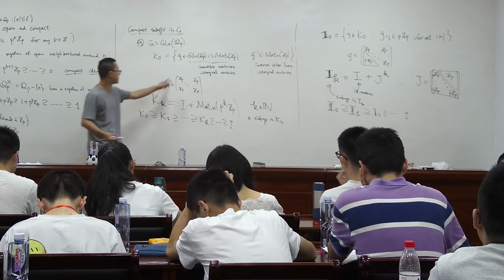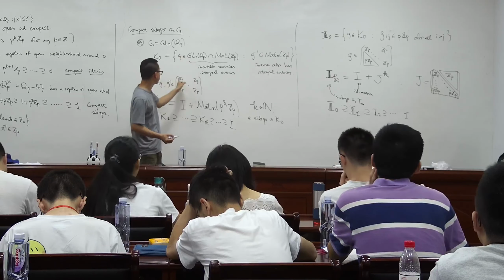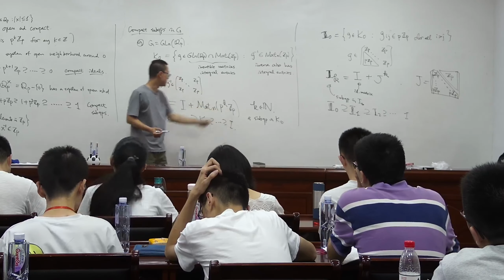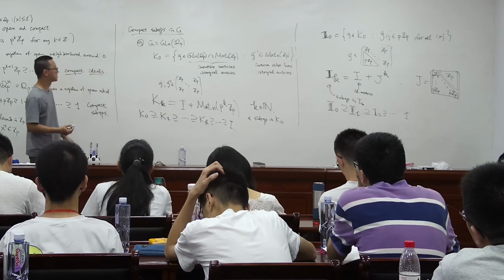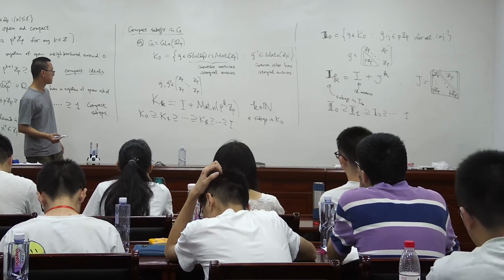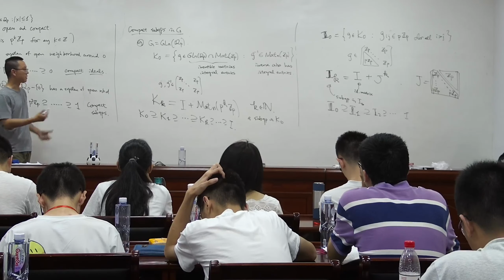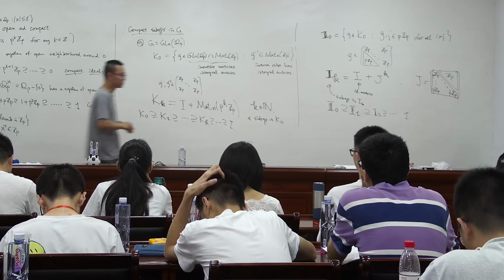And of course, because every entry is in some ideal of Z_p, all these subgroups are compact. So we have a lot of compact open subgroups.